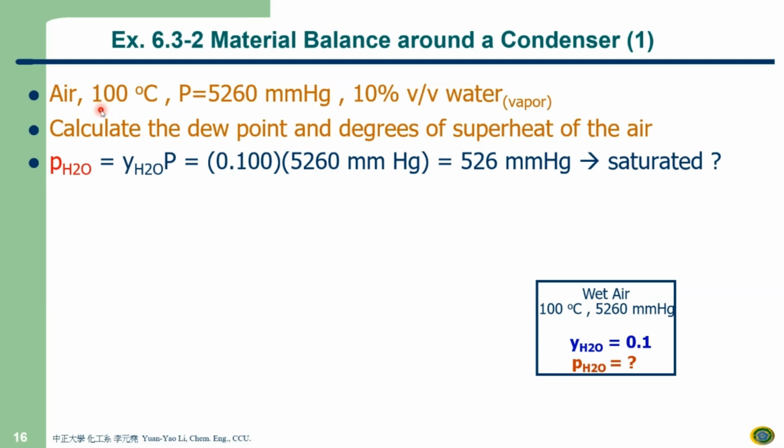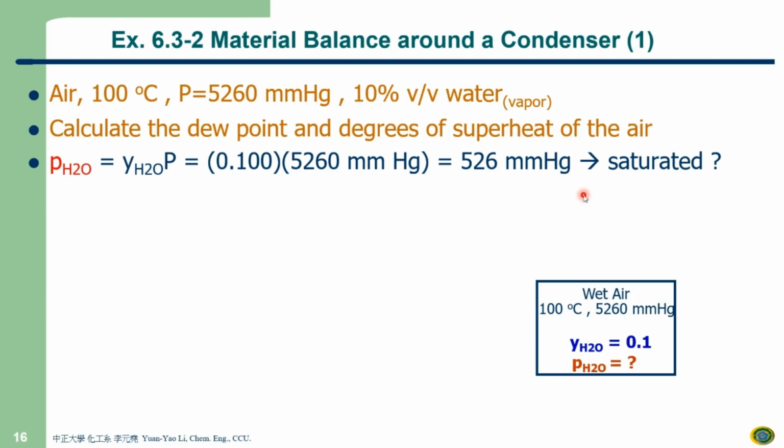When the temperature reaches 100 Celsius, what's the saturated vapor pressure of water? Anybody tell me? 1 atm, right? But your pressure is 526, so it's less than 1 atm, which is 760 millimeter mercury.